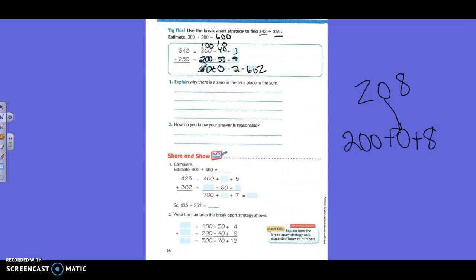Explain why there is a 0 in the tens place in the sum. Why in here is there a 0 when we had... Let's see. I'm going to go put this back the way it was. 12, 90, and 500. Okay, why is there a 0 in the tens place when we had a 90 there?